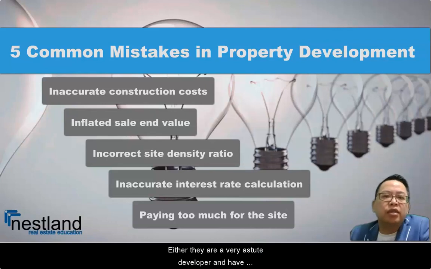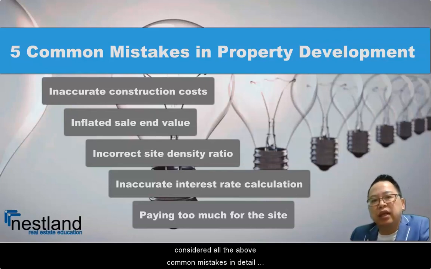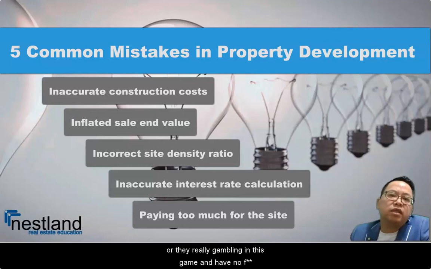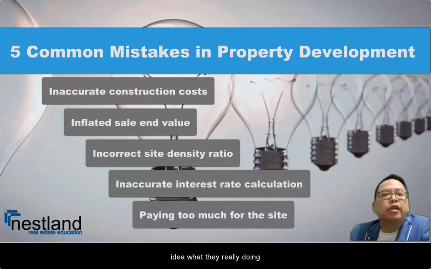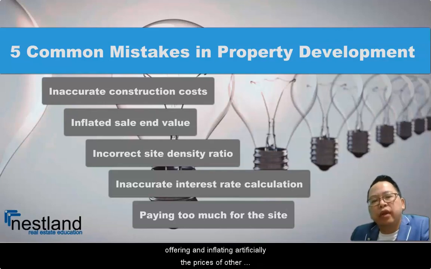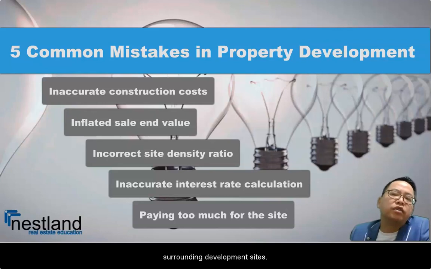Either they are a very astute developer and have considered all the above common mistakes in detail with all the consequential thinking behind them, or they are really gambling in this game and have no idea what they're really doing, showing even their lack of expertise by the price they're offering and inflating artificially the prices of other surrounding development sites.